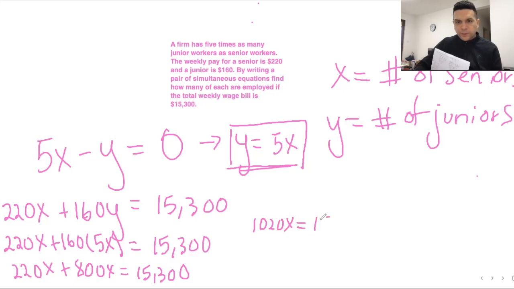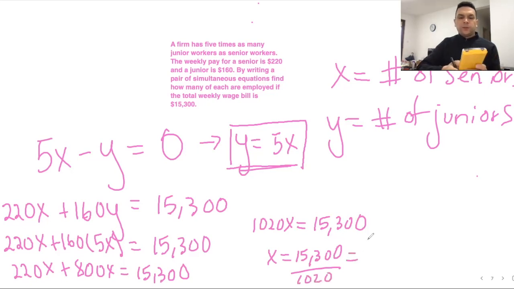equals 15,300. Then we divide by 1,020. And that should be 15,300 divided by 1,020, 15. So we have 15 seniors, right?